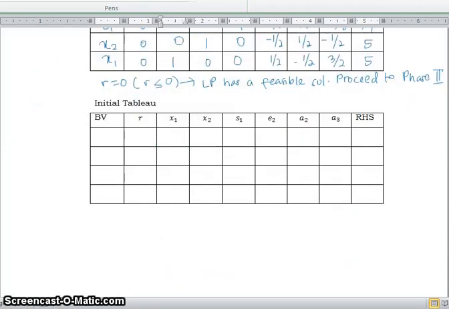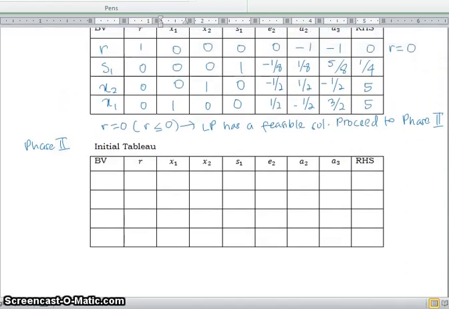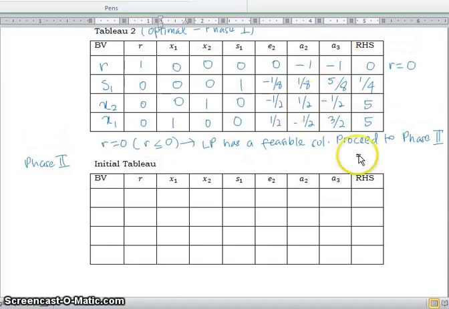In phase 2, we need to eliminate all columns of artificial variables.